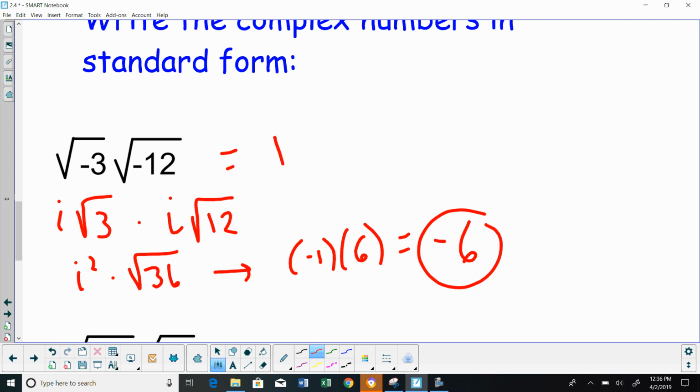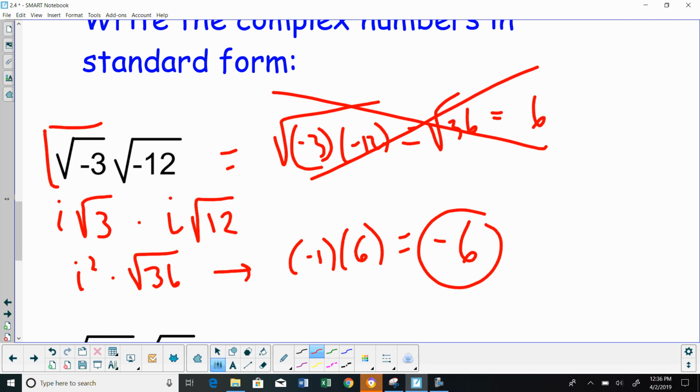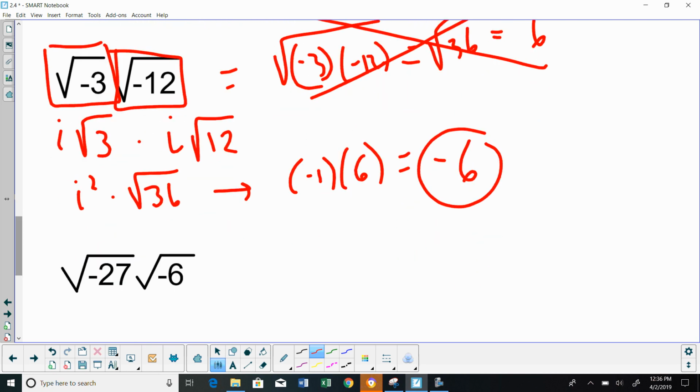So if you'd said, hey, I can do -3 times -12 and get square root of 36, but that gives me a +6, so that would be incorrect. So make sure you evaluate each one of these separately first. So the answer to that one should be -6.